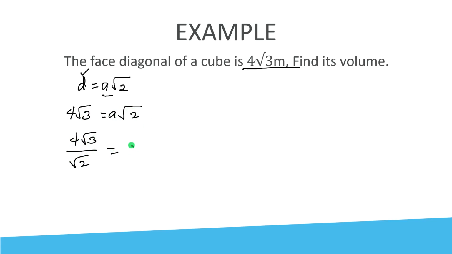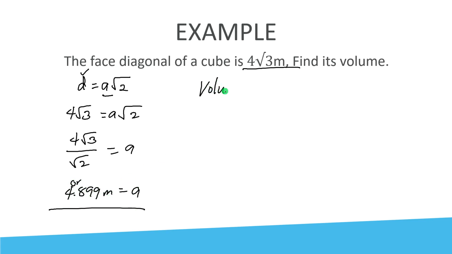So that we'll be able to determine A. We have an answer of 4 times the square root of 3 over the square root of 2. We take the decimal form of that, which is equivalent to 4.899 meters for the length of side.